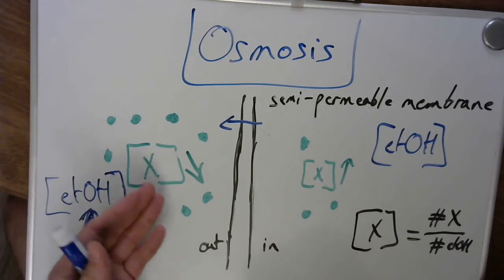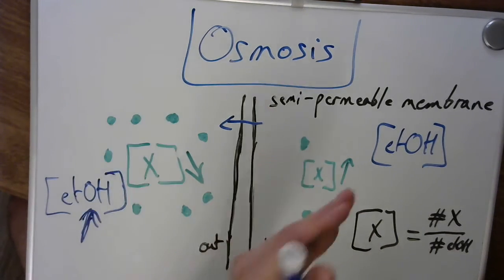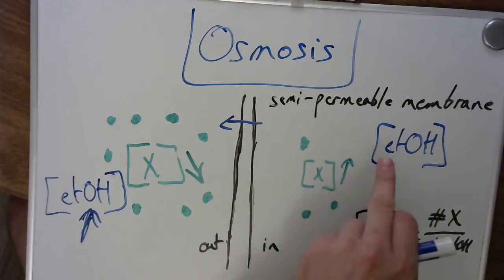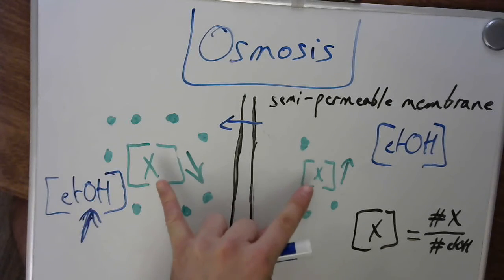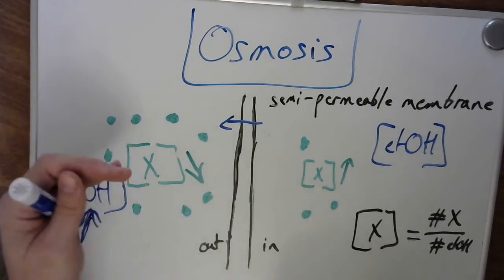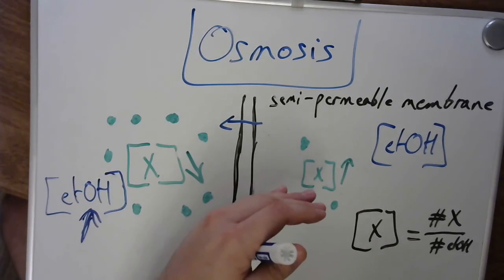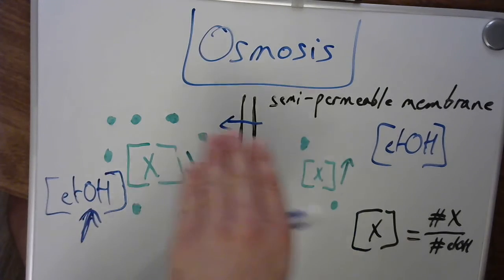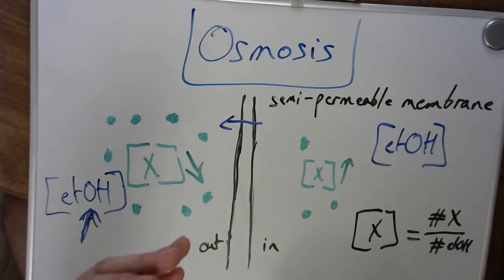So by decreasing the concentration of X outside, we increase the concentration of X inside simply by moving the solvent against the concentration of X's, right? You cannot move X along this concentration gradient. So you're going to move the solvent against the concentration gradient, right? And that's really all there is. That's really all there is in osmosis.